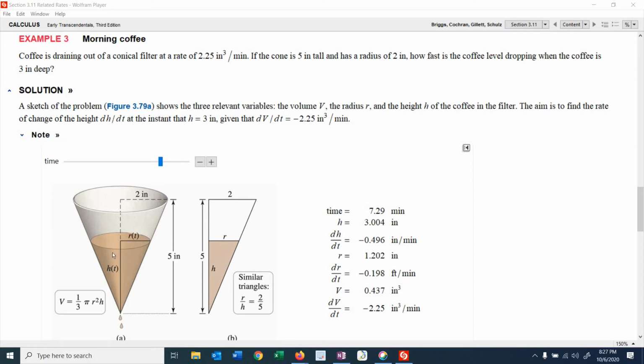Then we can find the volume of this coffee inside the filter. Since it's cone-shaped, the volume should be 1/3 pi r squared times h. That gives you the volume of coffee inside the filter. That's just coming from the volume of a cone.